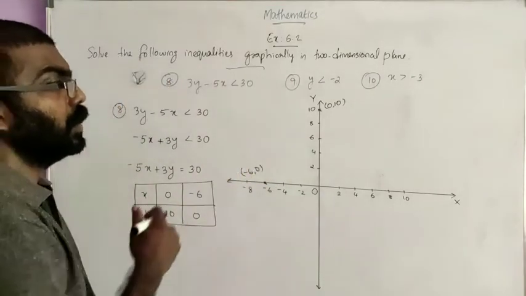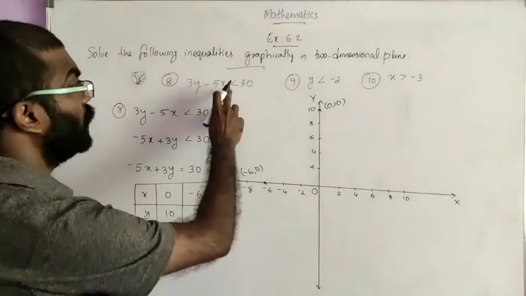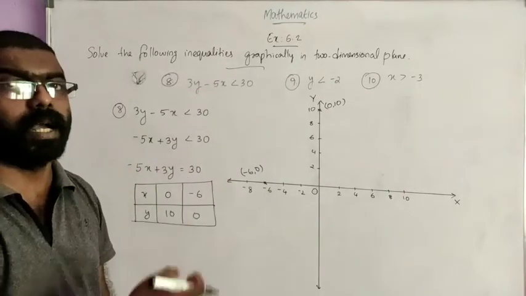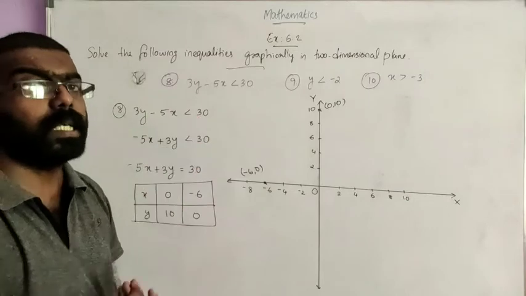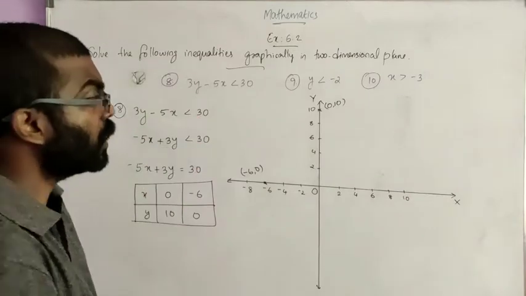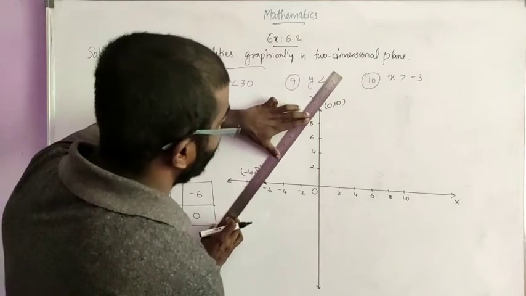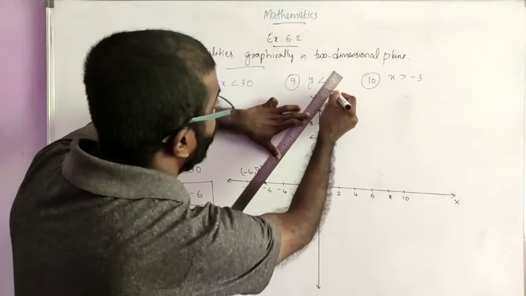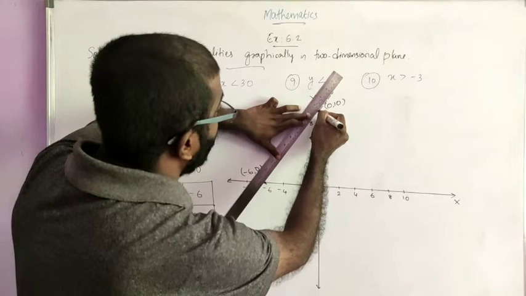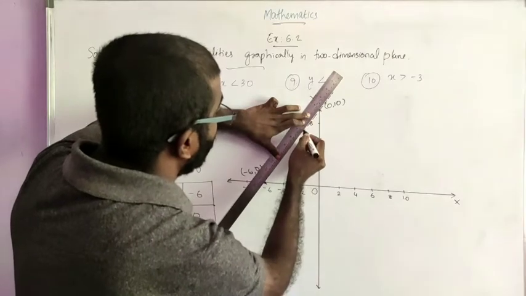Now we can join these 2 points. Here the inequality sign is less than, so we have to use a dotted line or broken line by joining these 2 points. So here we can join these 2 points using dotted lines.